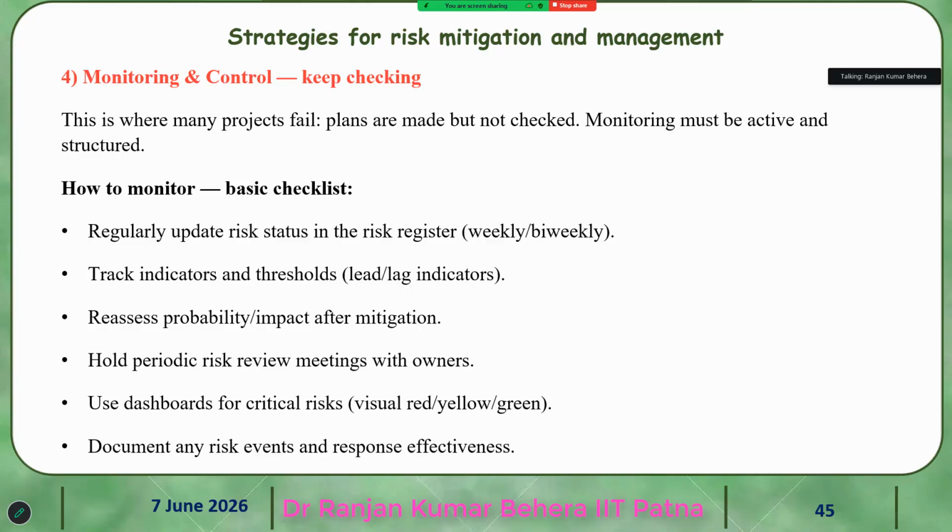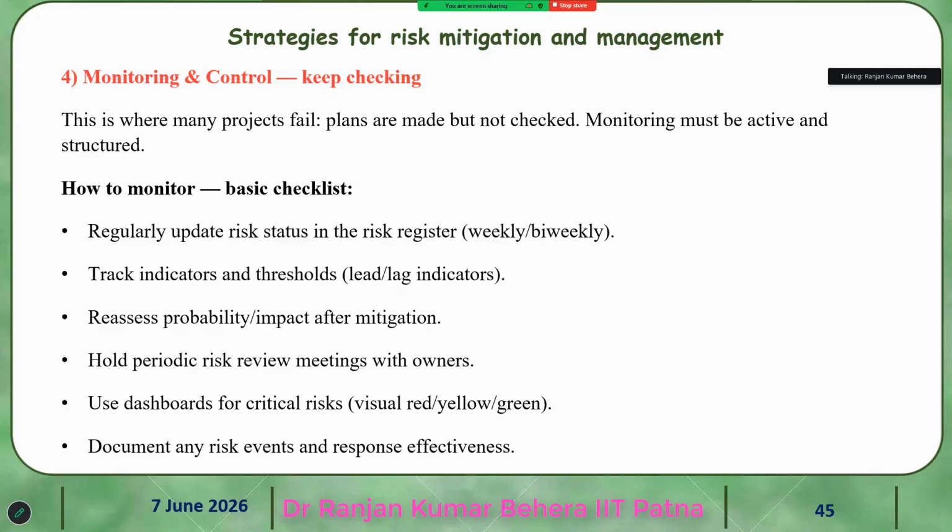So monitoring must be active and structured. How to monitor? Basic checklist. Regularly update the risk status in the risk register, like weekly or twice a week. That regularly you must check.